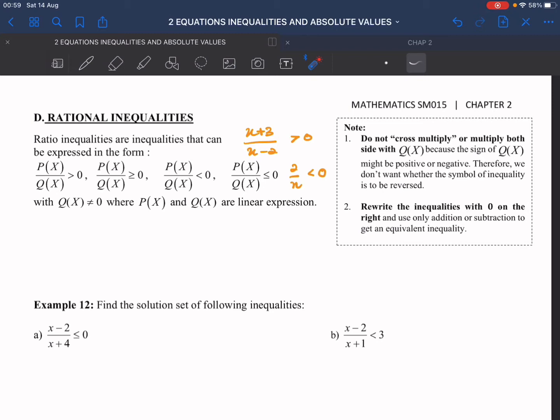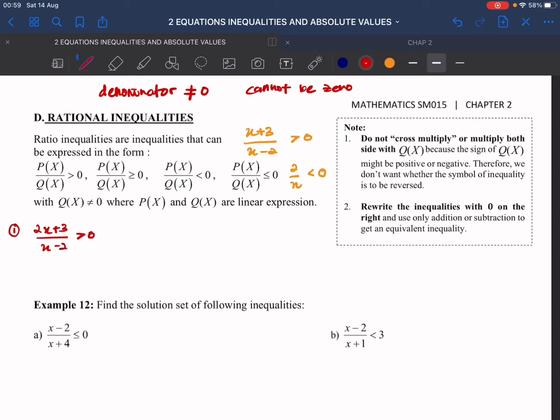Okay, so ada two main thing yang kamu kena fokuskan bila tengok soalan rational inequalities, which is the first one ialah denominator cannot be 0. It's not equals to 0. Okay, cannot be 0. Your denominator cannot be 0. Kenapa? Okay, saya tulis kat sini number 1. If we have, let's say, 2x plus 3 over x minus 2 greater than 0, we must take note that x minus 2 is not equals to 0.